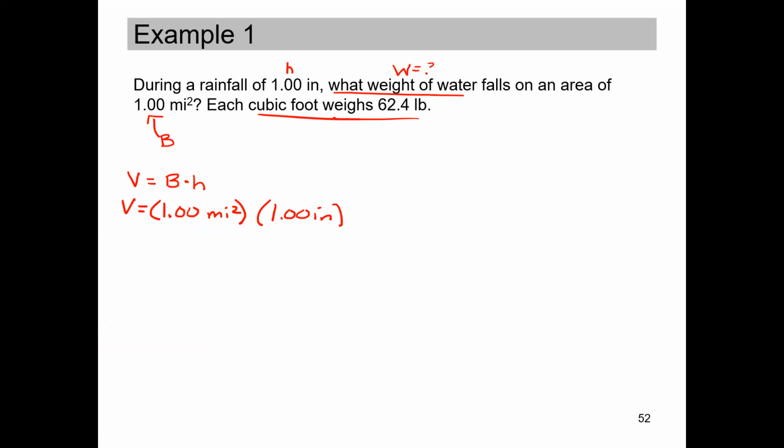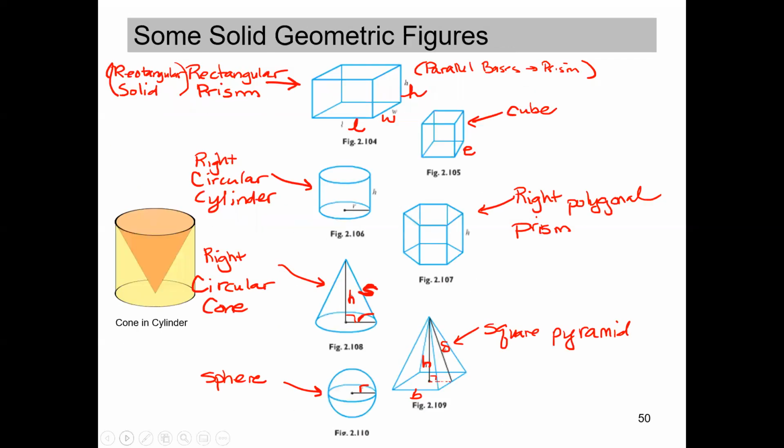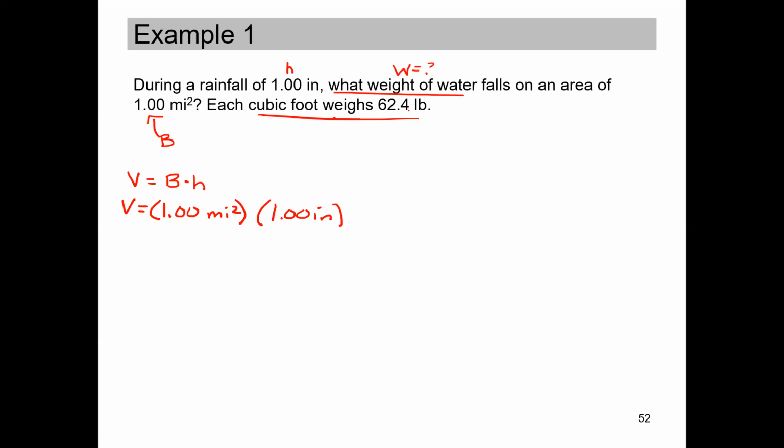And we're given this little piece of information here: 1 cubic foot equals 62.4 pounds. So in this measurement, it's using feet. So why don't I just go ahead and get my volume in terms of feet? So I can have cubic feet and then I can convert it into pounds.